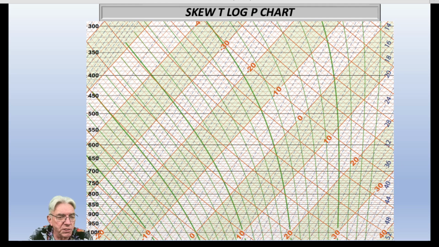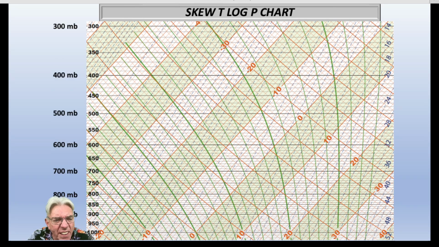And the log P means that the mass of the atmosphere is actually distributed in a logarithmic sense, that most of the mass is pulled toward the lower levels because of gravity. So the most dense air is near the ground, and then it gets progressively less dense as you go up. And you can sort of see that when you take a look at the lines of constant pressure here.